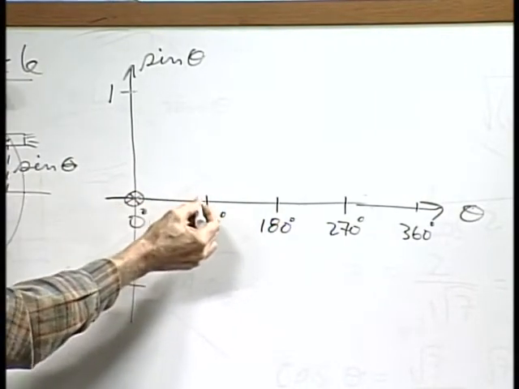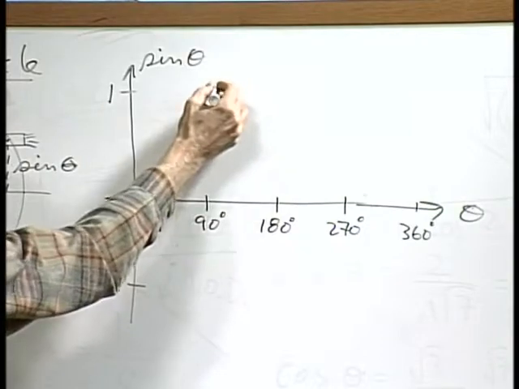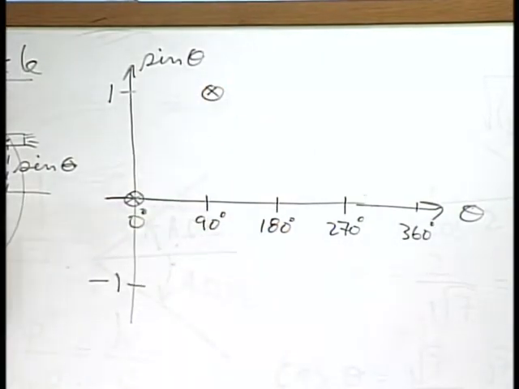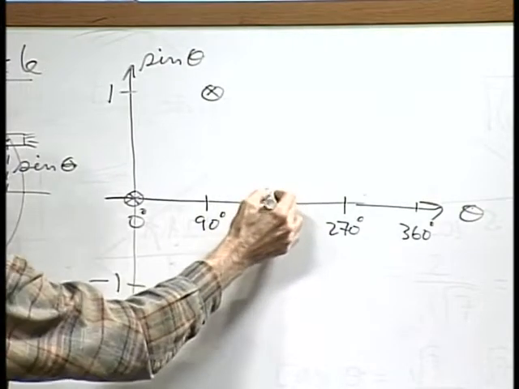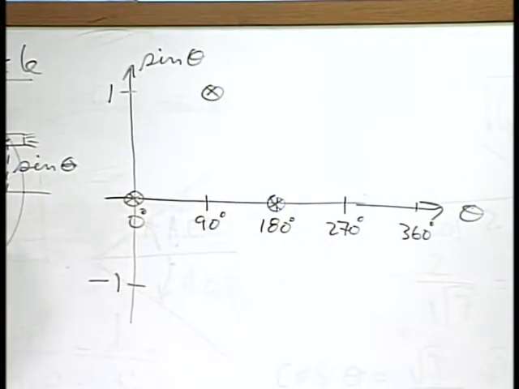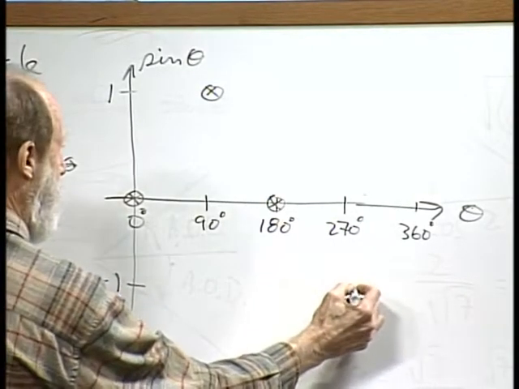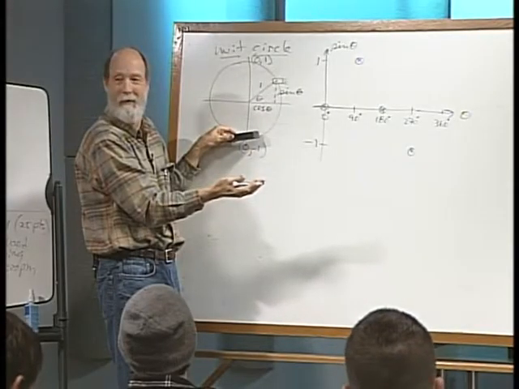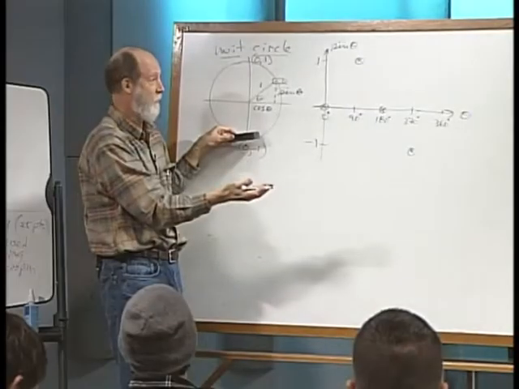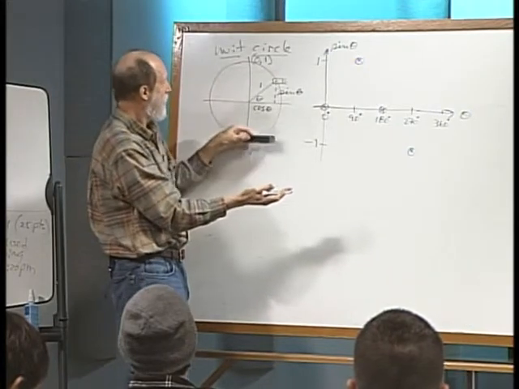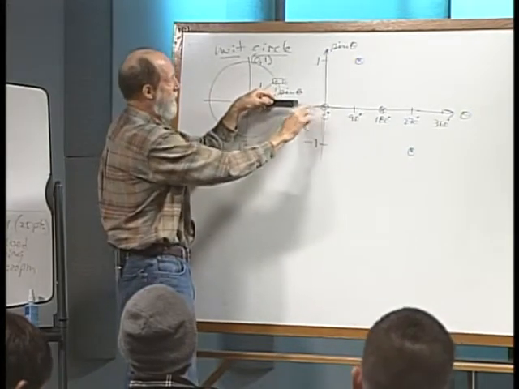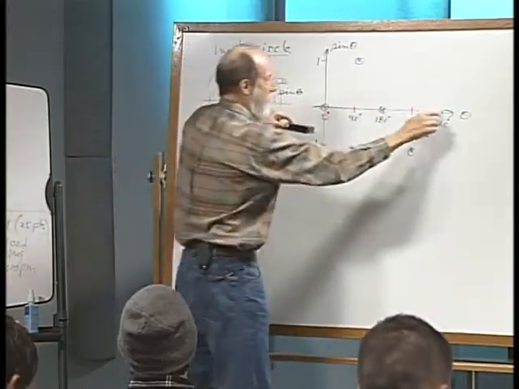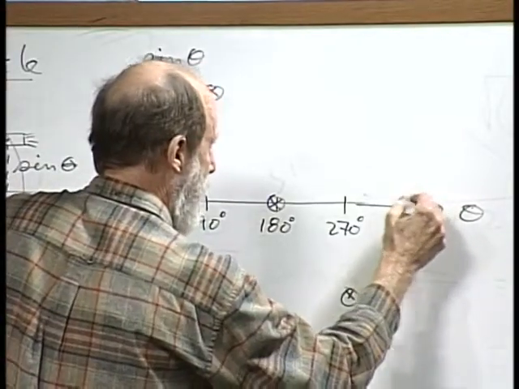When you get to 90 degrees, you're up here at 1. When you get to 180 degrees, we're back to 0. When you get to 270 degrees, we're down here at -1. Once you get this, it's easy. But until you understand it, it can be very confusing. And then finally, when you get back to 360 degrees, the projection of the light is here, back to 0.